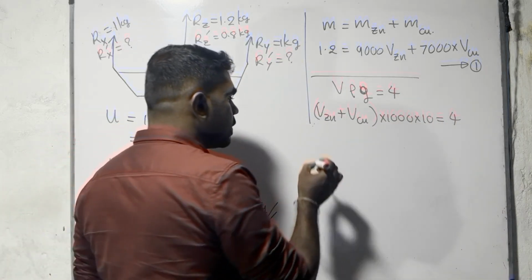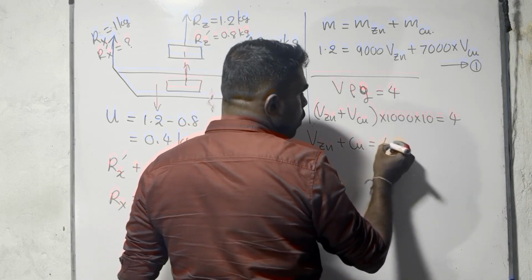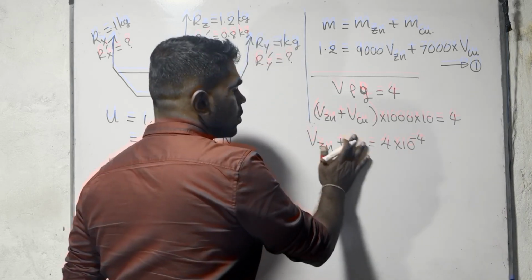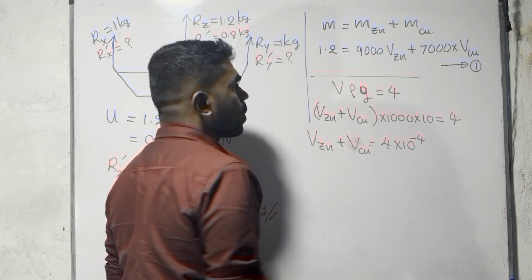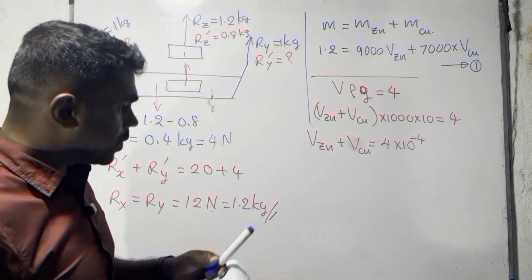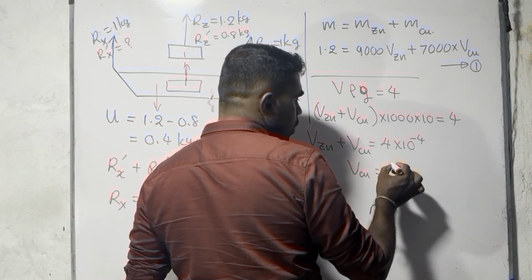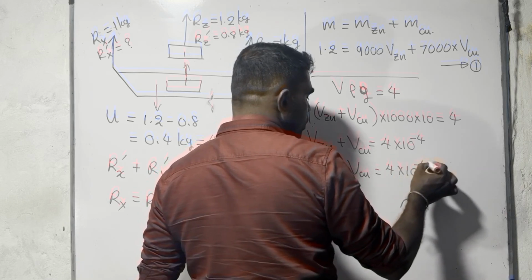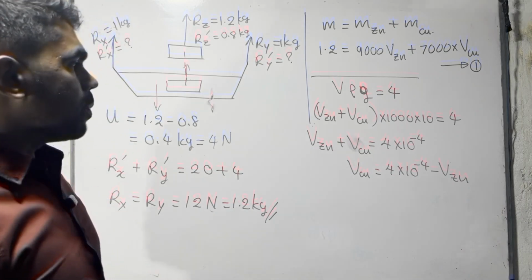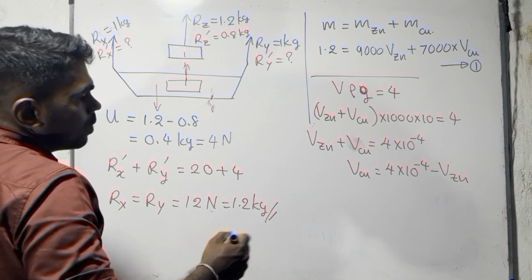Then we can write zinc volume plus copper volume 4 into 10 to the power minus 4. And I will make copper volume the subject from this equation: 4 into 10 to the power minus 4 minus zinc volume. Then we can substitute this volume into the first equation and we can find the zinc volume.